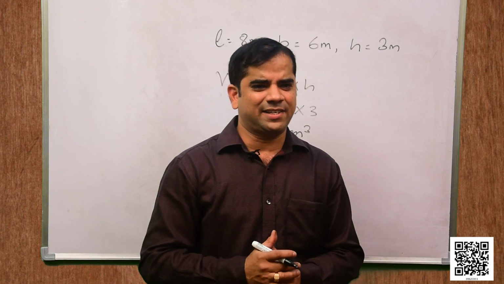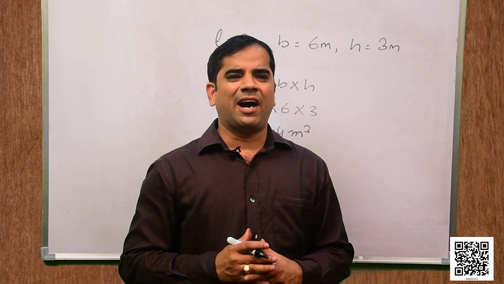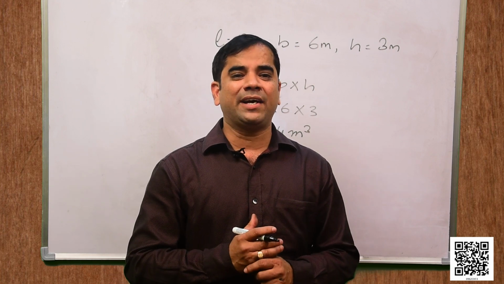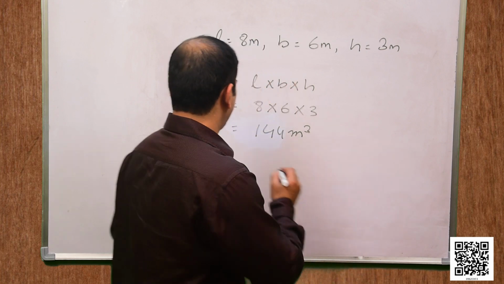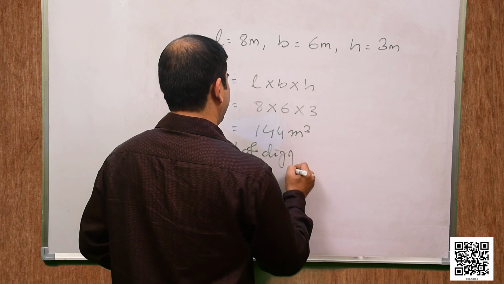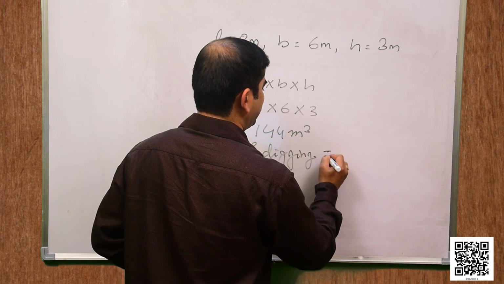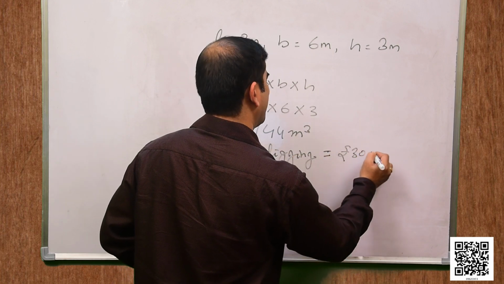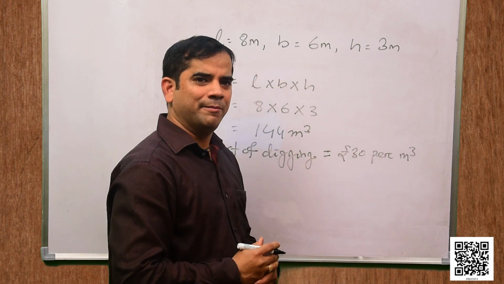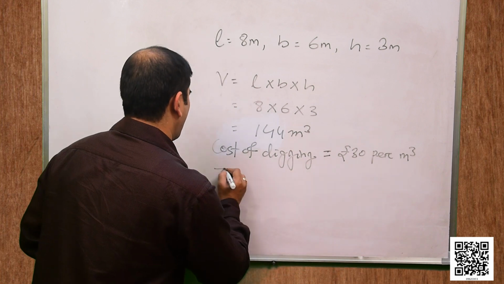The question says, find out the rate of digging at 30 per meter cube. So, cost of digging is rupees 30 per meter cube. Now, what is the total cost?